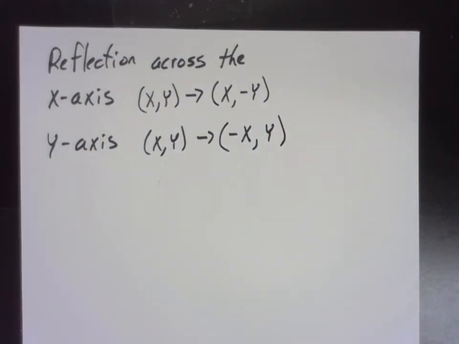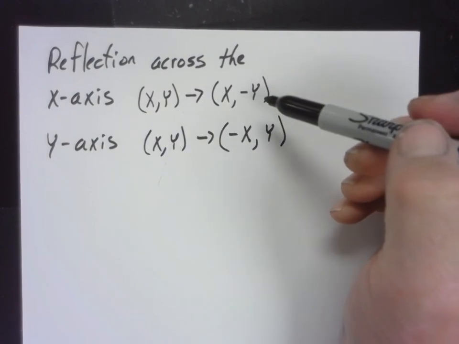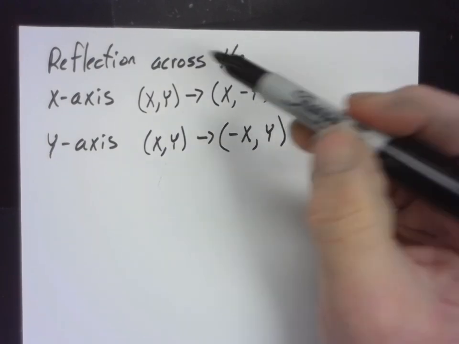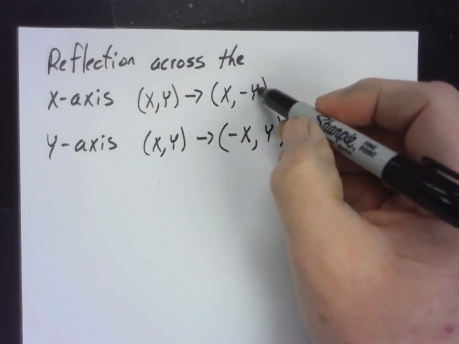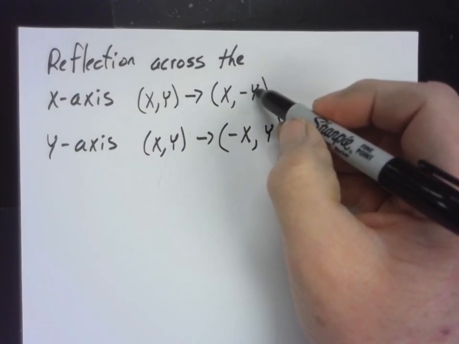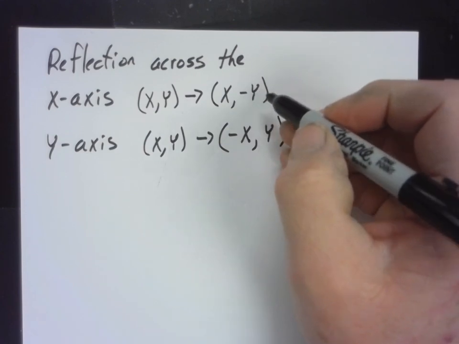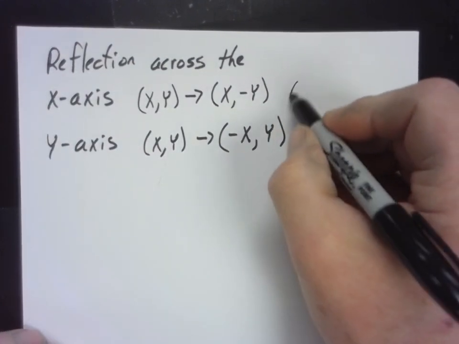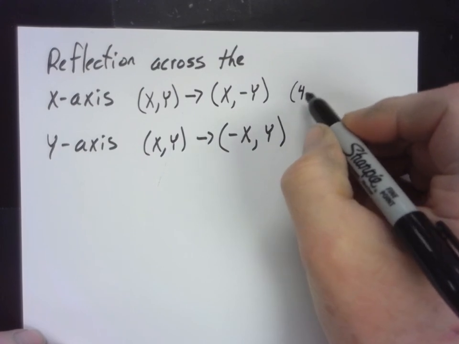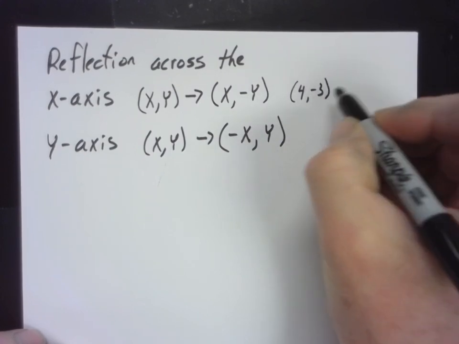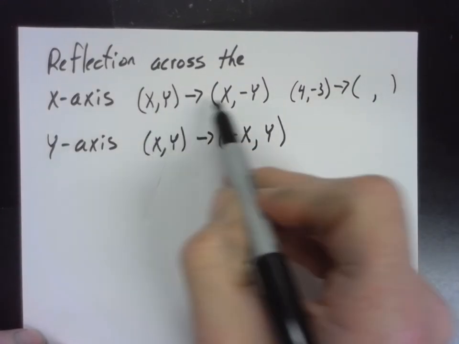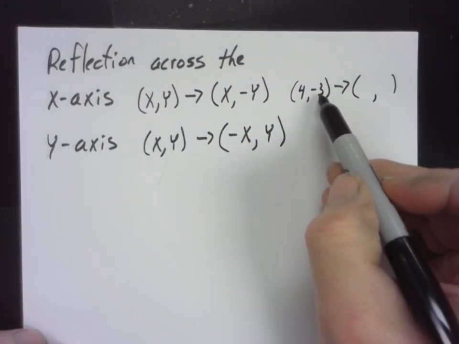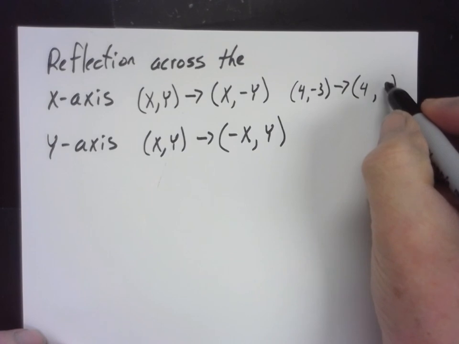Now, I don't want you to think that if we reflect something across the x-axis that its y-coordinate's always going to be negative. Is that true? So if we started with (4, -3), and we reflected that across the x-axis, where would we be at? We'd be at (4, +3), wouldn't we?